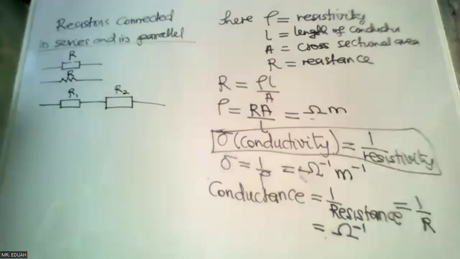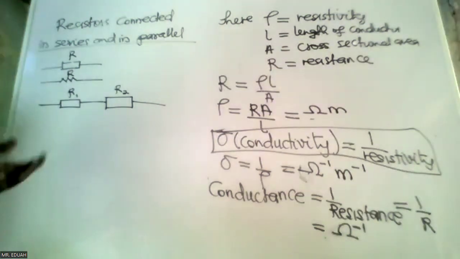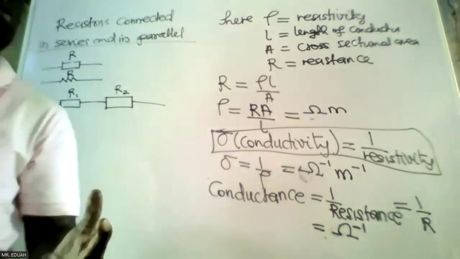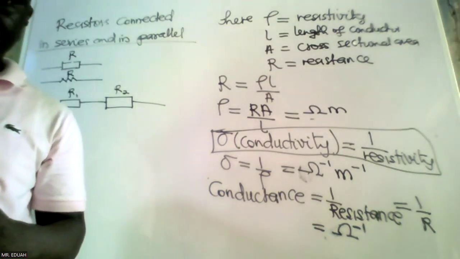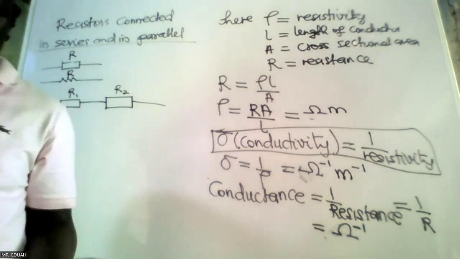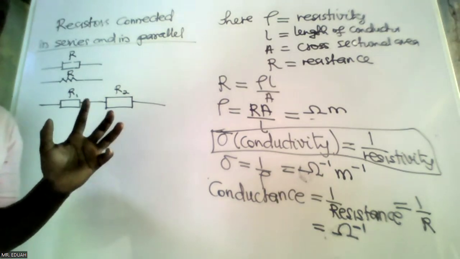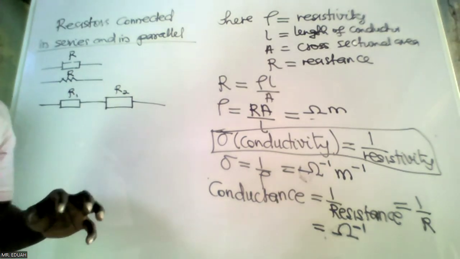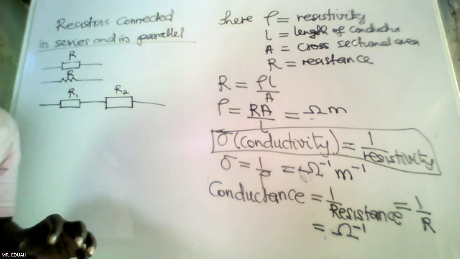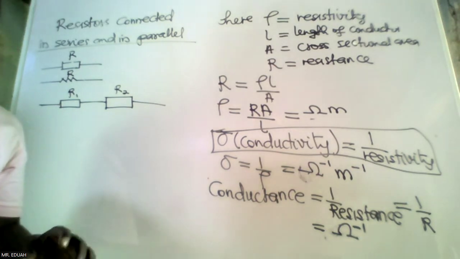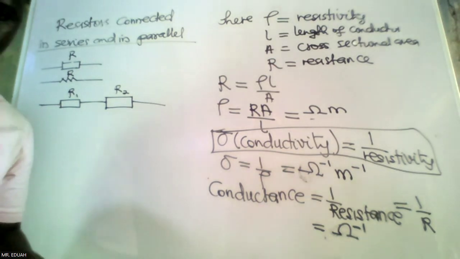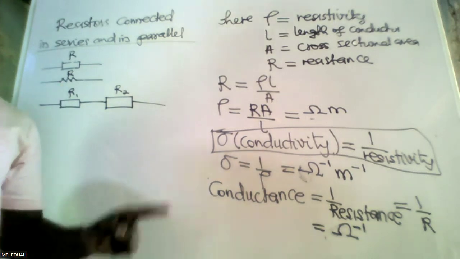In fact, we said a resistor is a device. Resistance is the opposition to the flow of current, or the magnitude of the opposition to the flow of current. But a resistor is a device that opposes the flow of current.